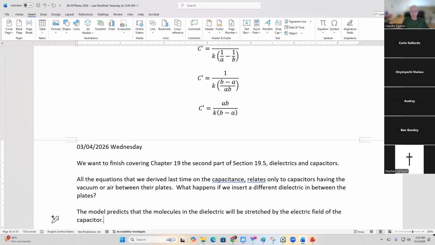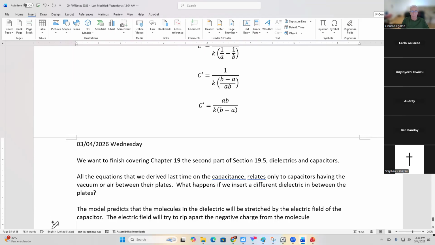The electric field will try to rip apart the negative charge from the molecule.